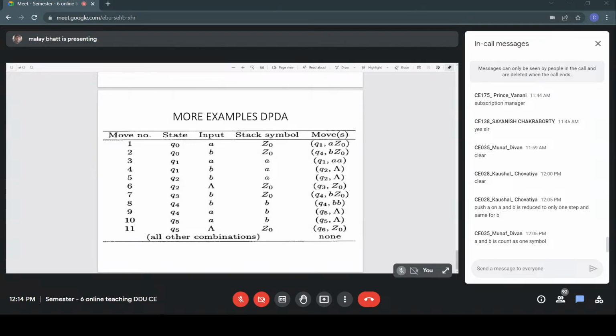What is the purpose of this deterministic PDA? What language will it recognize? You can take some random string and check. Are you able to reach up to Q6?